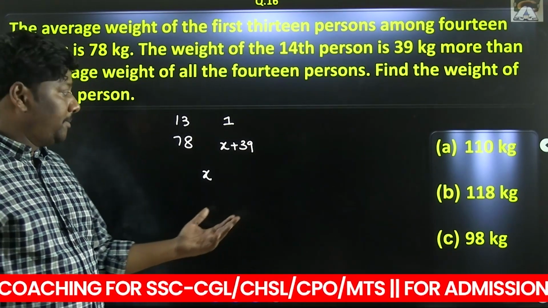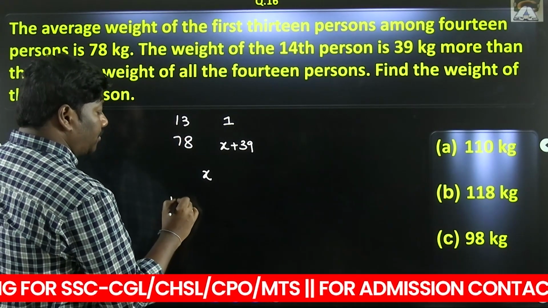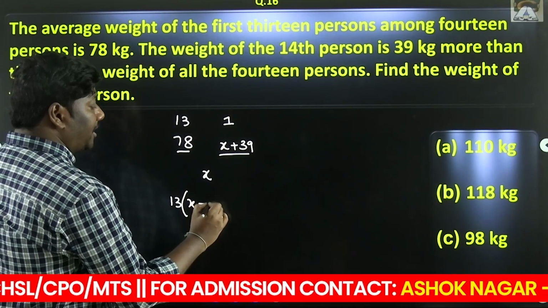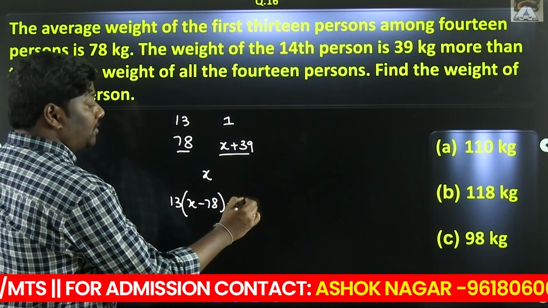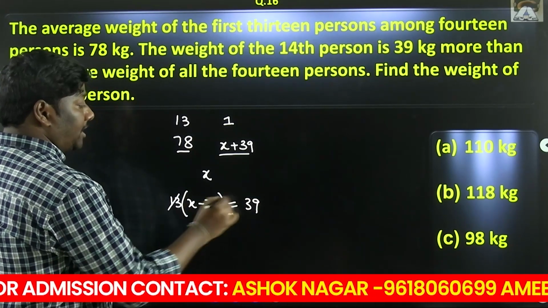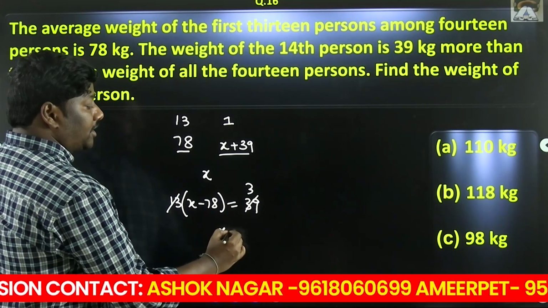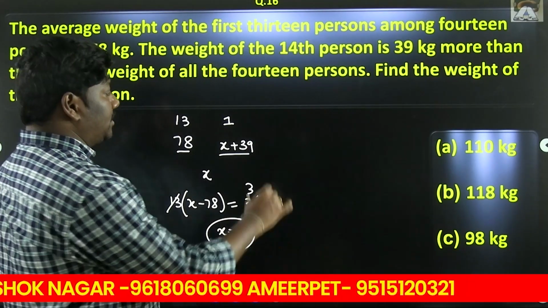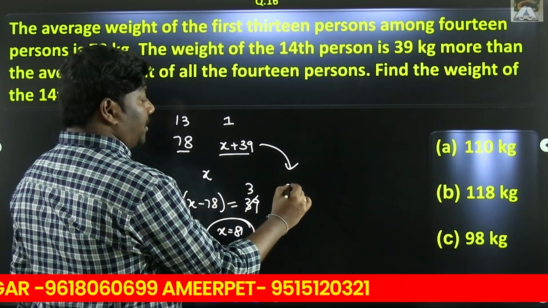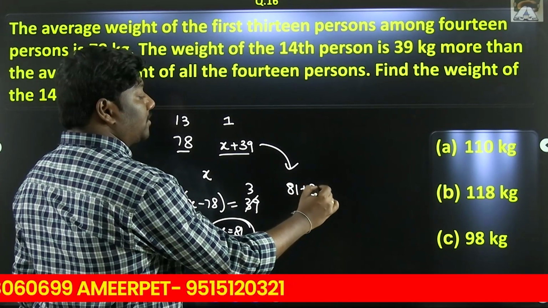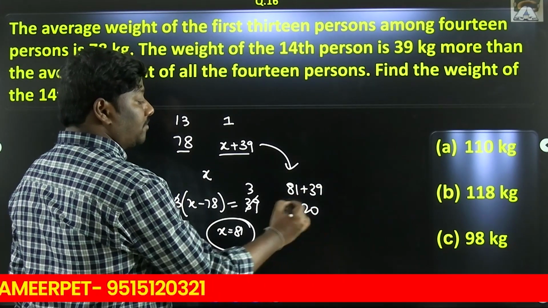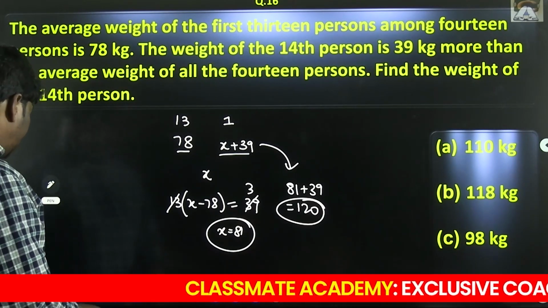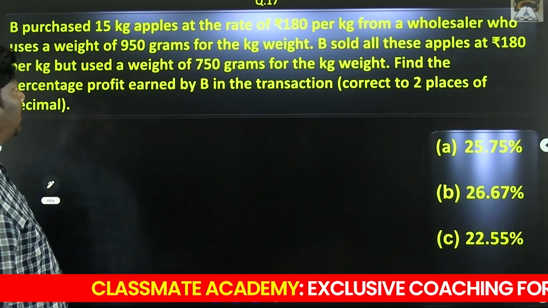We are using the concept of mixtures. 13 into, this is more means this must be less, X minus 78, which is equal to 39. 13 ones are 13, 13 threes are 39. X equals 81. He is asking you the 14th person's weight. So 81 plus 39, which is equal to 120. So the 14th person's weight is 120.